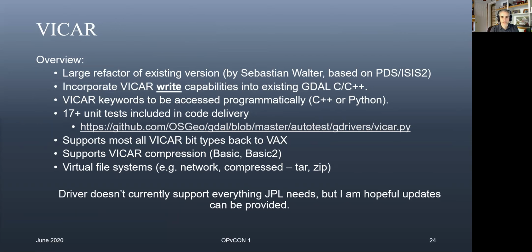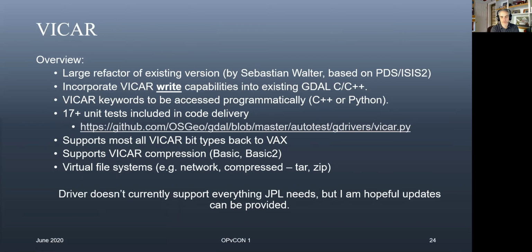It also added the virtual file system to VICAR. So I'm making the case that currently JPL, the folks who use VICAR, probably can't use this driver yet because it doesn't do everything they need. Number one, GDAL does not have support for rover map projections, ground-based map projections.